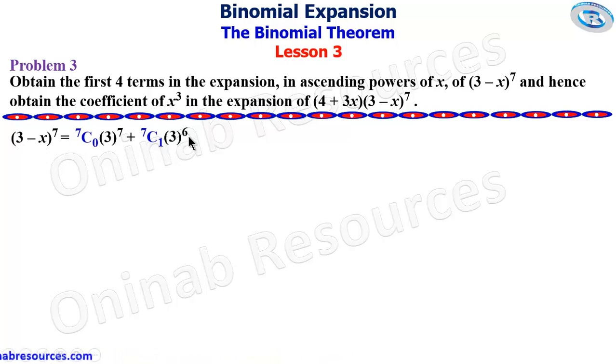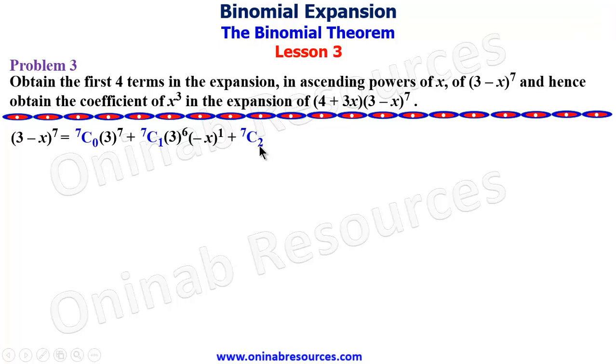Then 3 raised to power 6. The second term in the bracket will appear now as power 1. That's negative x to power 1. We have gotten 2 terms already. So for the third term, the coefficient is 7 combination 2, then 3 raised to power 5, then negative x squared.